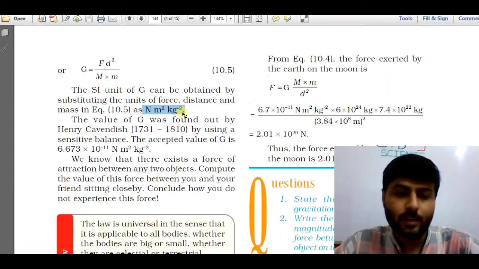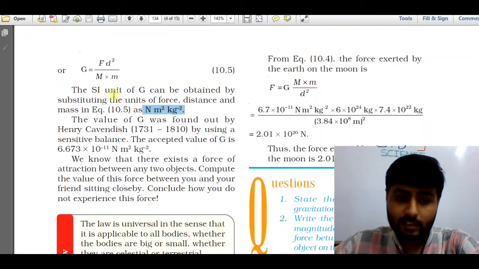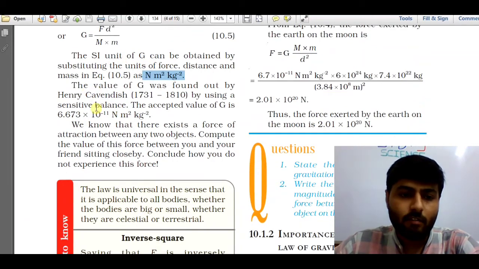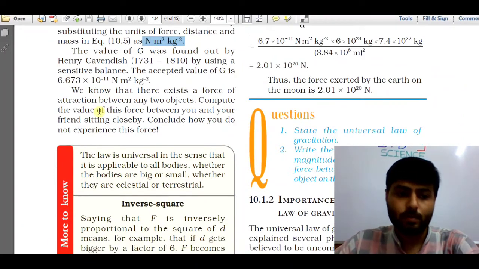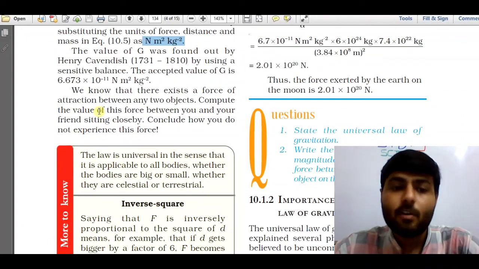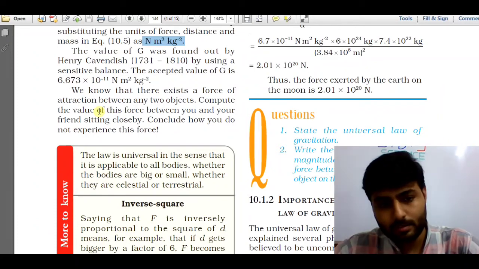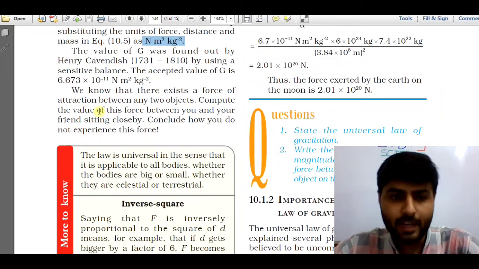Both are the same. So we mark this SI unit of G, and an important point: the value of G was found by Henry Cavendish by using a sensitive balance.